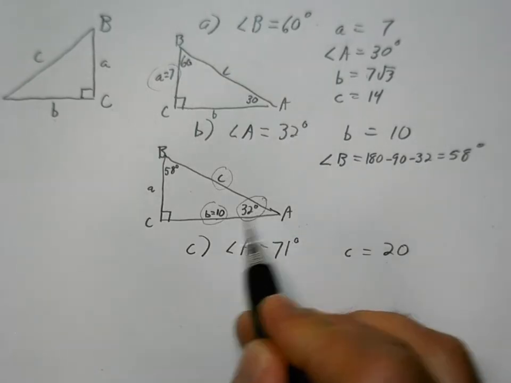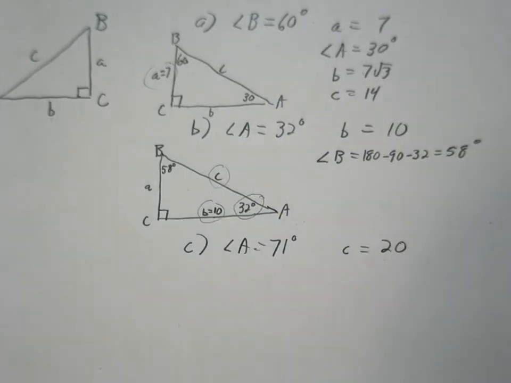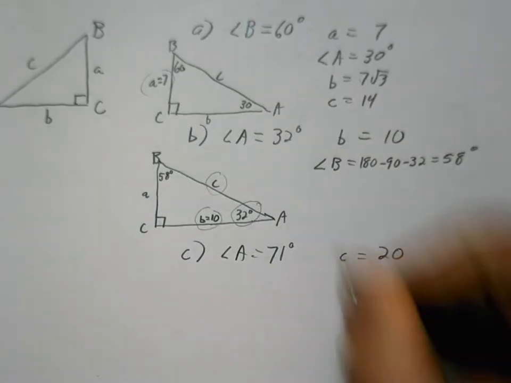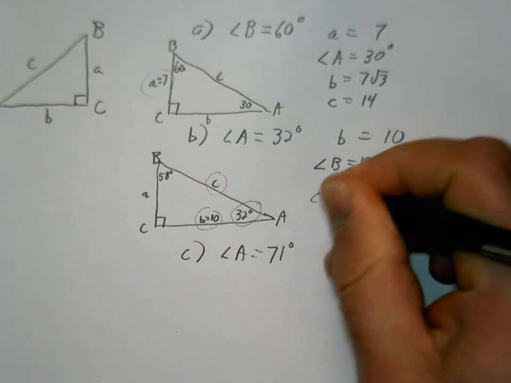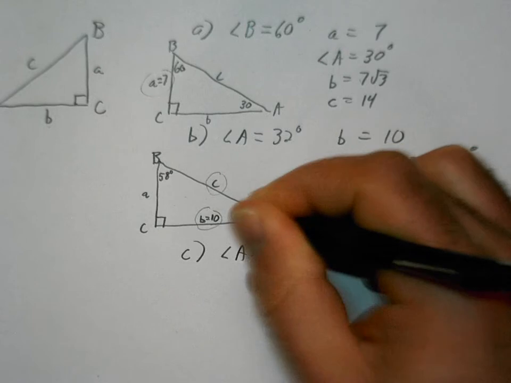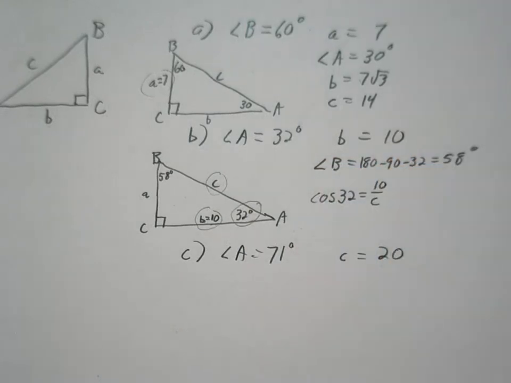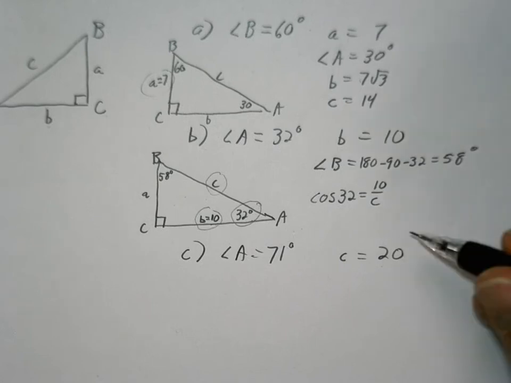I have this leg, I have the leg next to it, so I have the adjacent and the hypotenuse. So then I'd have to use cosine. So I'd set it up like this. Cosine of 32 is equal to adjacent over hypotenuse. I need to solve for C here.